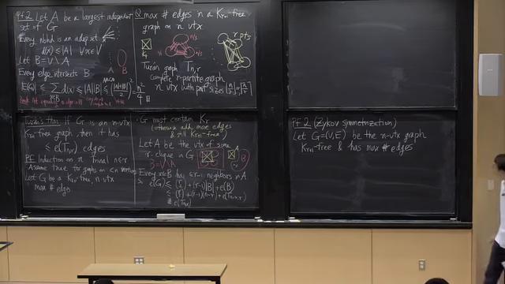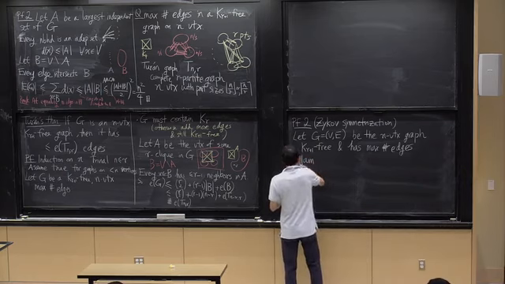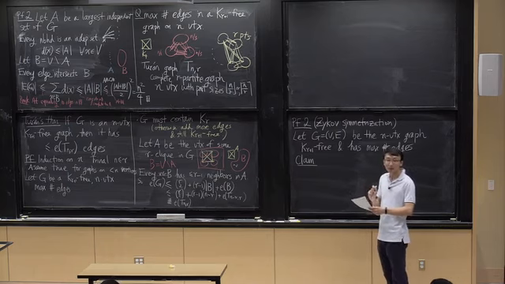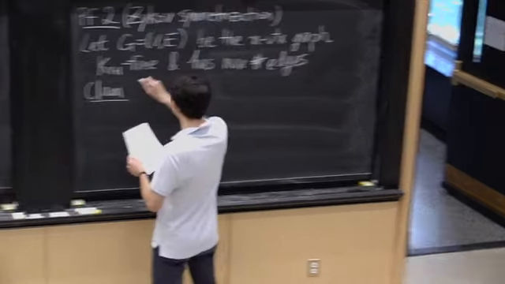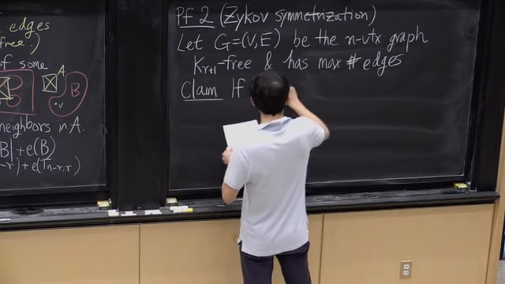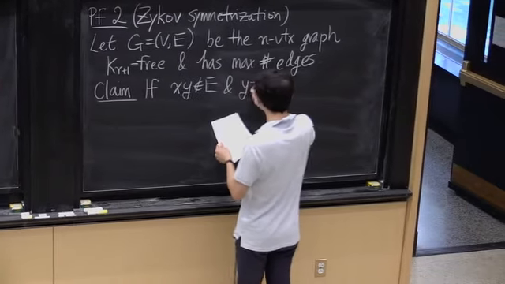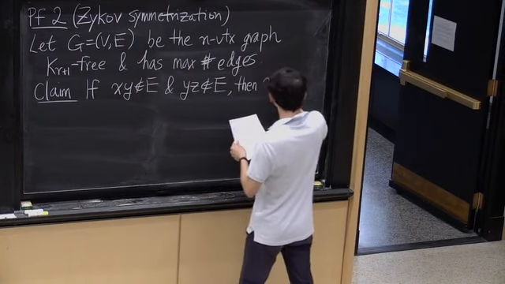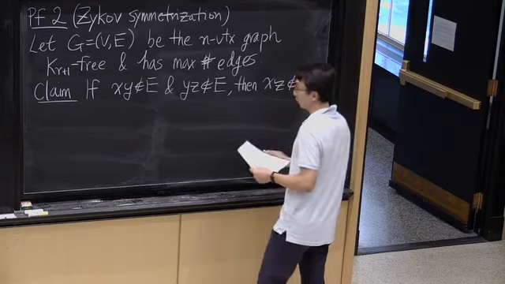So here's a property I want to prove about this graph. I claim that if you look at the complement of this extremal example, it must be an equivalence relation. More precisely, I claim that if xy is a non-edge and yz is a non-edge, then xz must also be a non-edge.